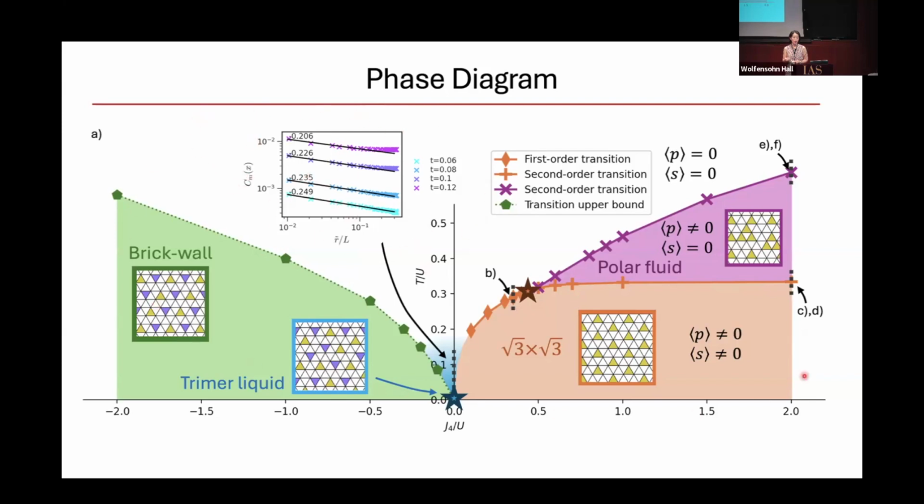Now, this phase diagram that we were able to obtain by doing large-scale Monte Carlo simulation led us to something that we didn't know to expect. And that's the fact that for these power law correlations, there was not just one power law. Actually, there are two different power law exponents that we found.